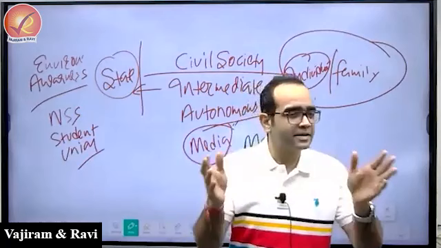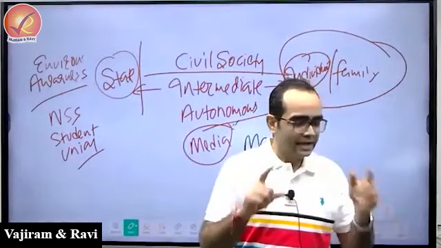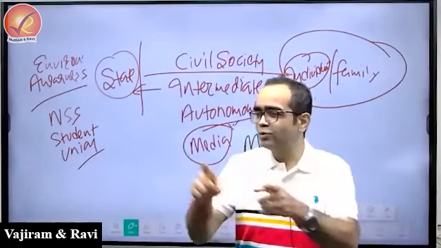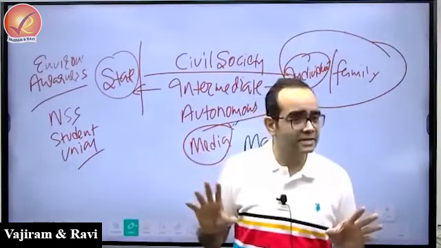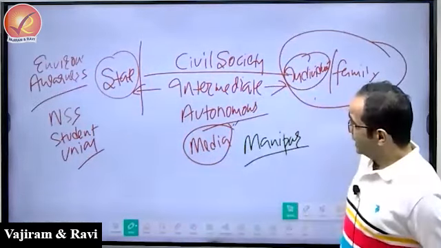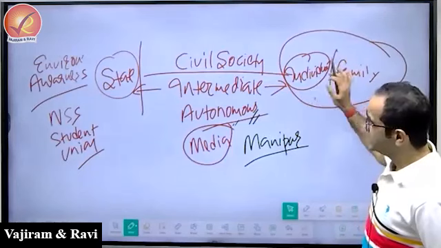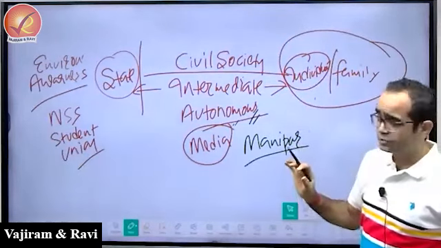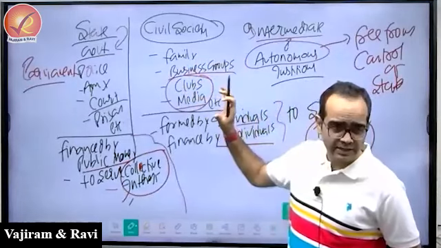Does the state decide which clothes you should wear? Does the state decide whom we should make friends with or not? No, that is not a part of the state. So intermediate institutions which are autonomous, and you have to understand individual and family. So this is the difference between state as well as civil society.